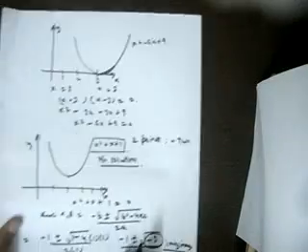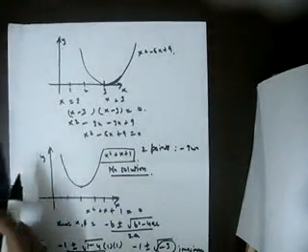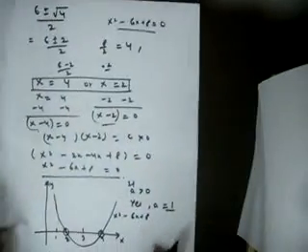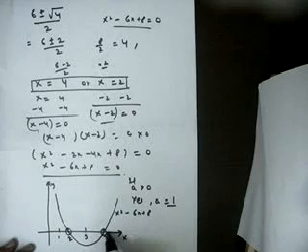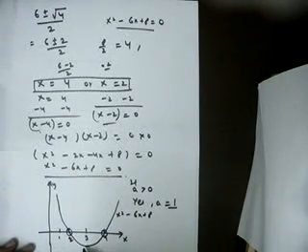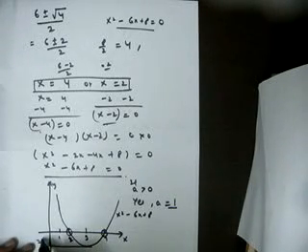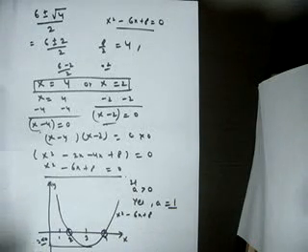Now taking that example only, here, if you see, if the value of x is between 2 and 4, this y becomes negative. So this is another thing which you are observing.